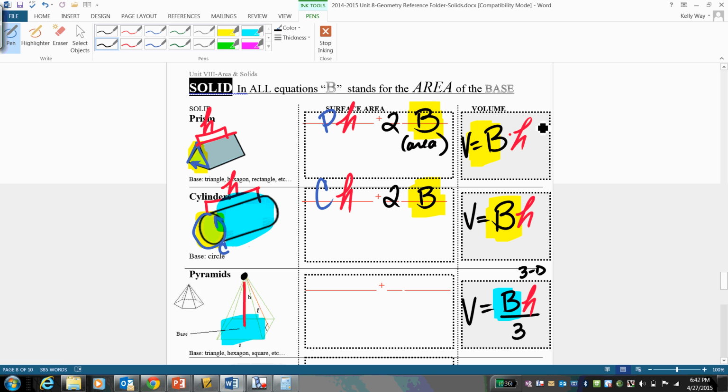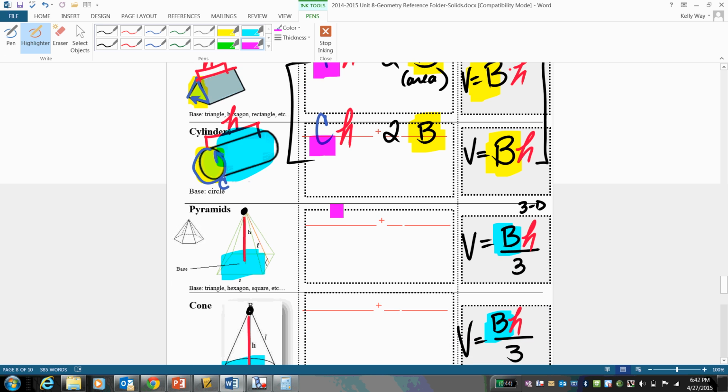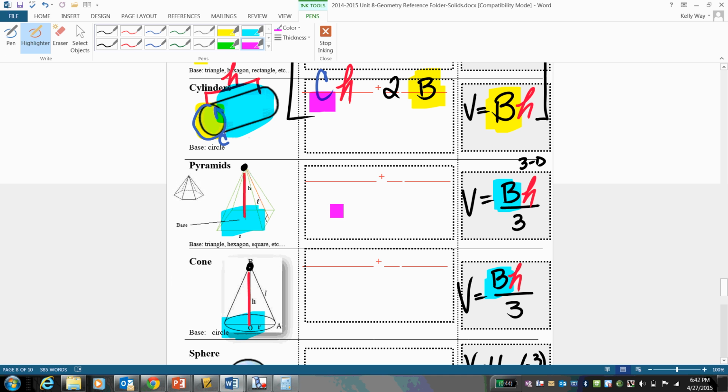So stay real close. You think there's a lot to memorize, but these 2 rows are exactly the same thing, except for one tiny little piece. Technically, they are the same thing. They're just 2 different names. For a pyramid and a cone, the difference is that we only have 1 base now, not 2. We have 1 base right down here. Remember, that means area of a base.